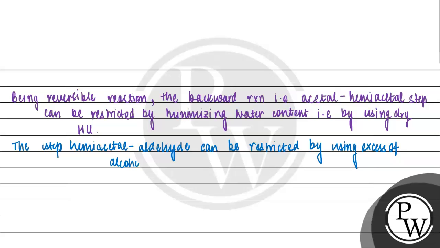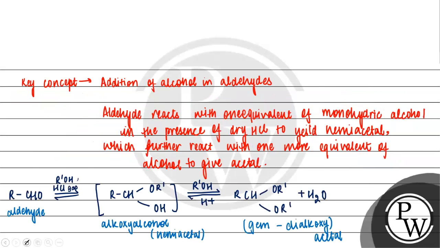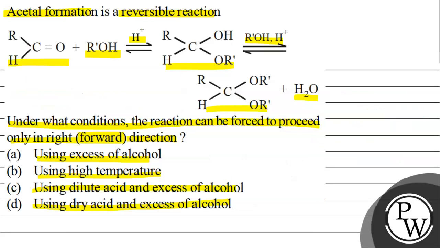तो अगर हम देखें ऑप्शंस में हमें ये कौन सा मैच करता है, तो यूजिंग एक्सेस ऑफ अल्कोहल. तो अगर हम यूजिंग एक्सेस ऑफ अल्कोहल, वी कैन ओनली चेंज स्टेप नंबर 1, which is this one, this aldehyde and hemiacetal step can only be restricted, and the hemiacetal and acetal wala step cannot be restricted.